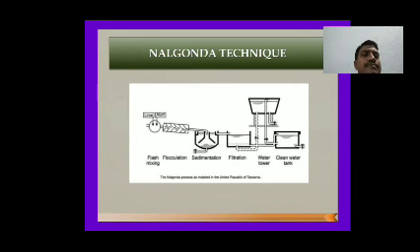Nalgonda technique. In this diagram, the first process is addition of components like alum, lime water and bleaching powder to the fluoride water to undergo the rapid mix process.